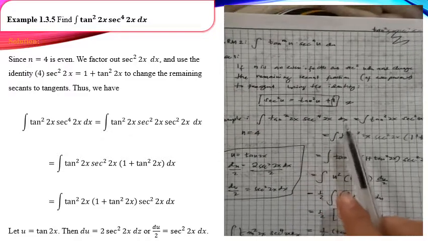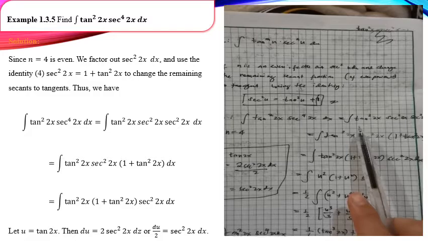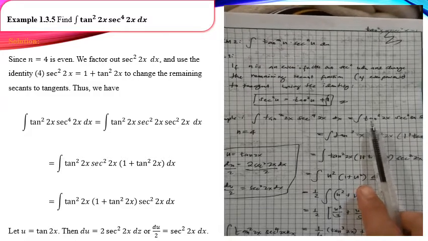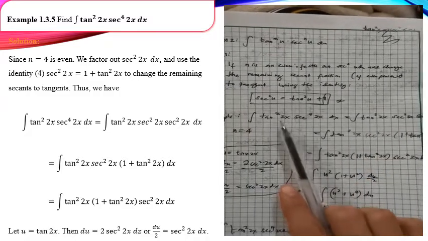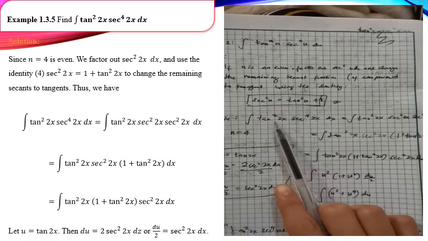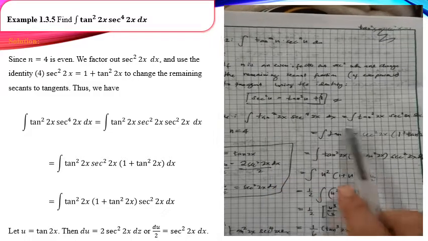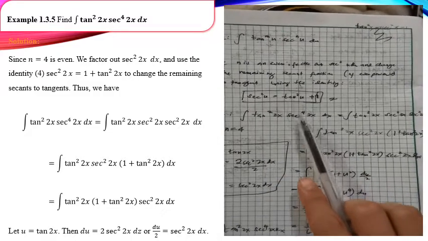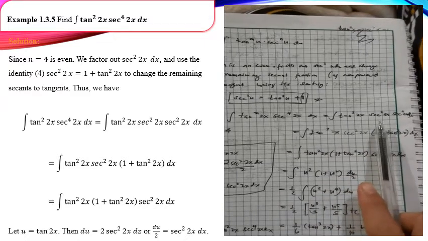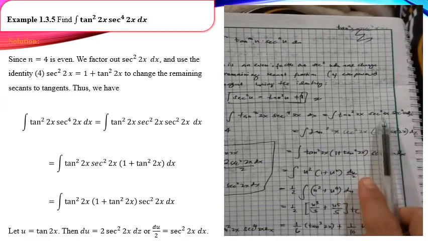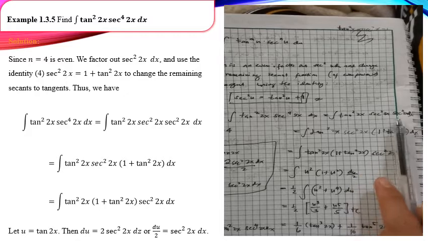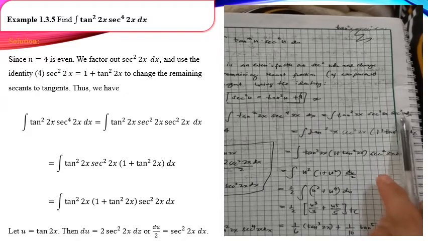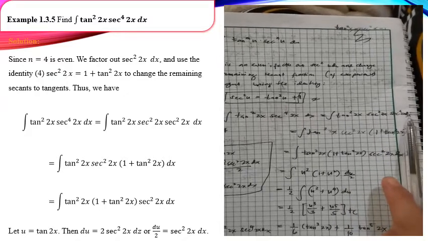So, ibig sabihin, magiging integral of tangent 2x quantity squared. So, si tangent 2x quantity squared is as is lang yan. And then si secant 2x raised to 4 is mahahati siya as secant 2x quantity squared times secant 2x quantity squared dx. Okay, so may dx dito sa last.